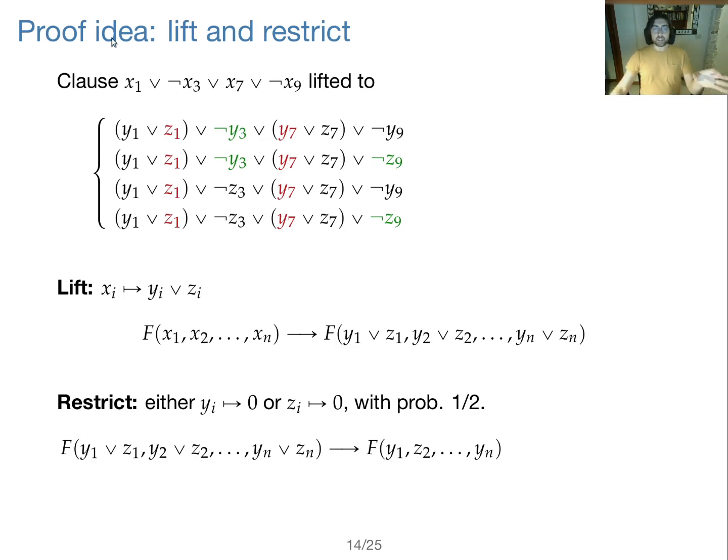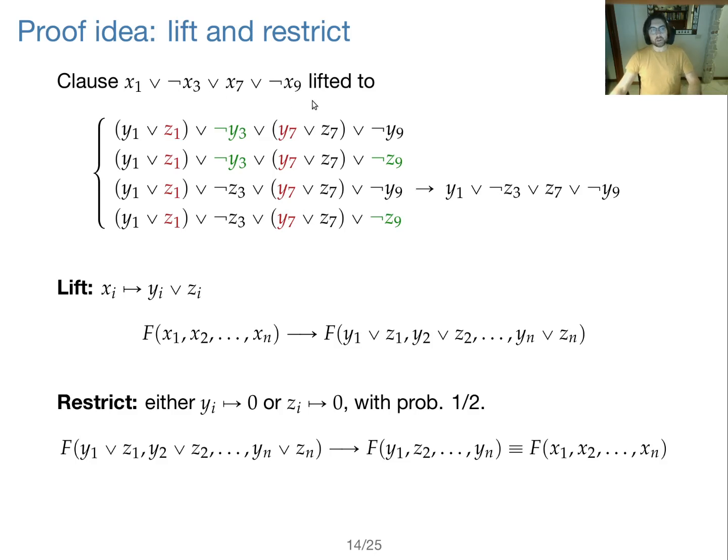And see that this restriction turns the lifted formula into an isomorphic version of the original formula, because all these clauses are satisfied, and the only clause that survives, that is not satisfied, is an isomorphic copy of the original clause.